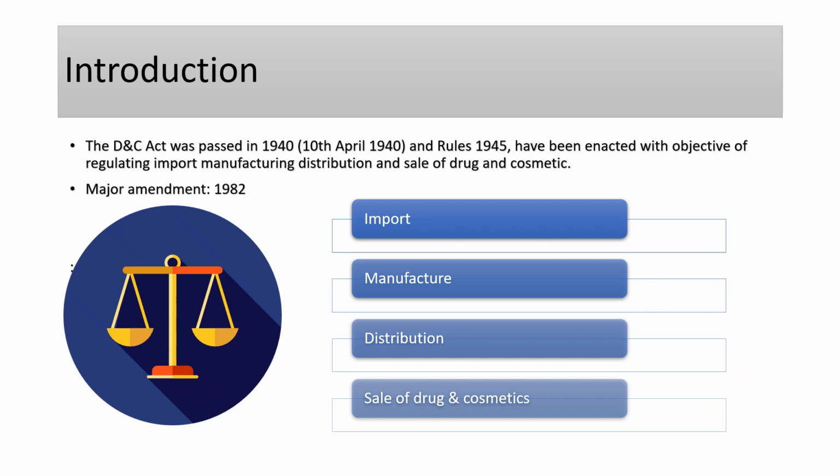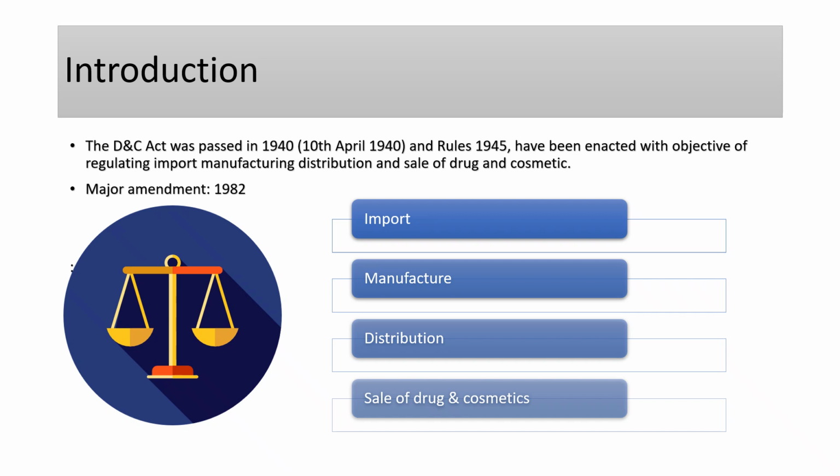So the major reason was that before 1940 there were no regulations in the market regarding drugs and cosmetics. Anyone was selling anything in the name of drugs and cosmetics, and because of that there were many cases in which the population faced health risks.